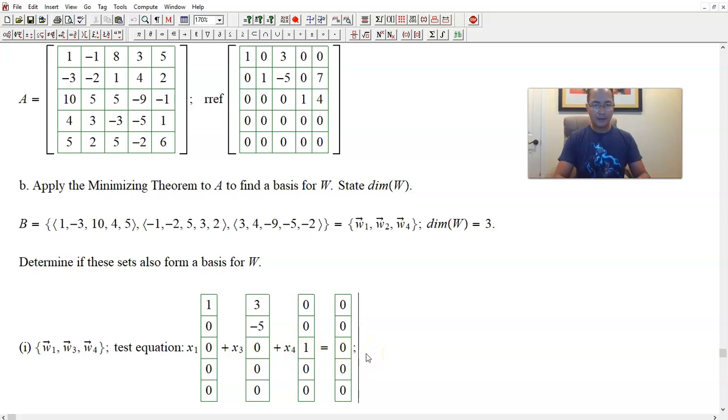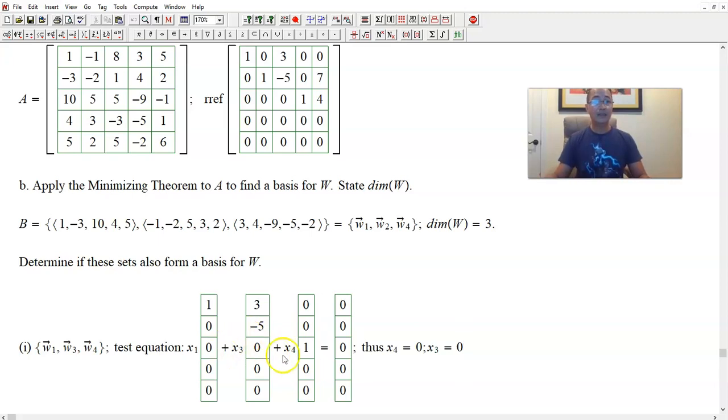So therefore, x4 has to be 0. Okay, the only way that 1 is going to go away is if x4 is 0. Now you're down to 2 vectors. And let's work our way up. Oh, in the second component, that minus 5 has to go away. So x3 has to be 0.